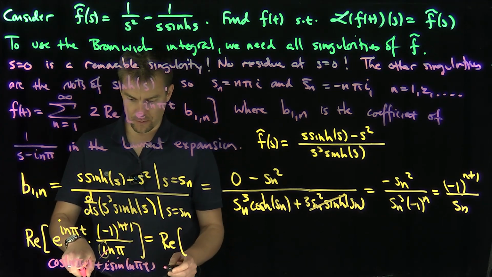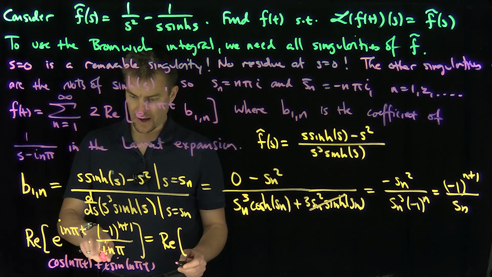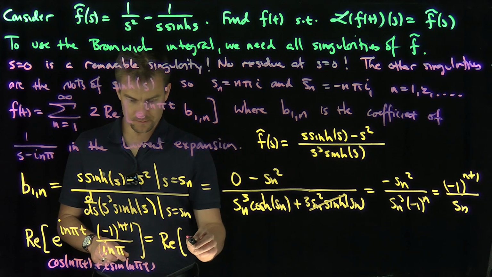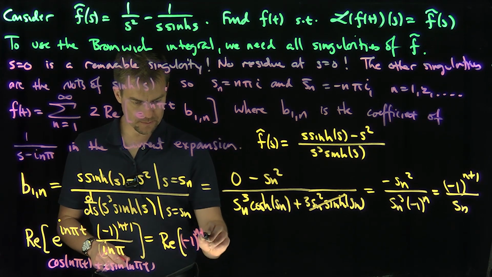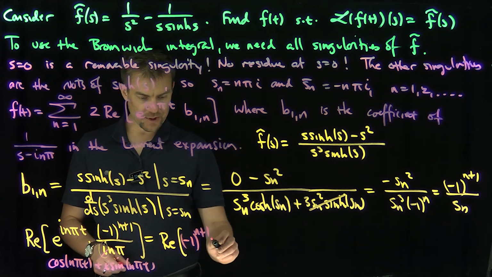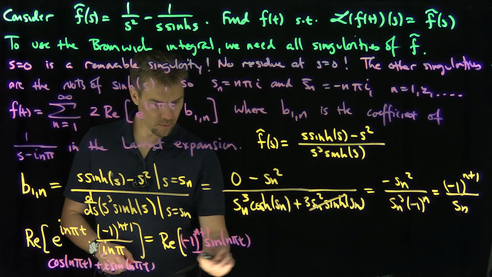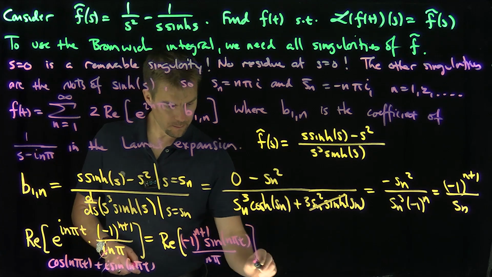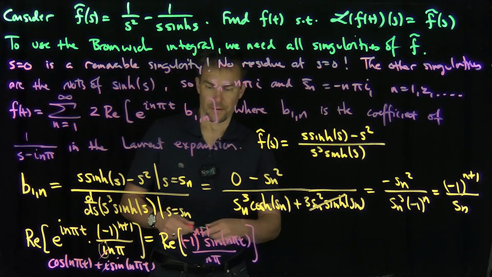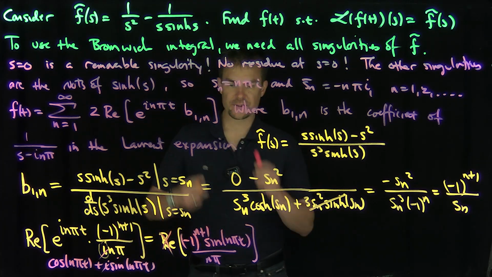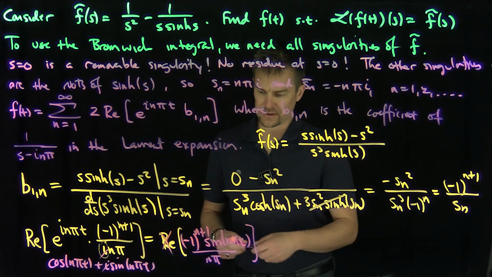Now, the I is going to hit the cosine, right? So I'm just going to have the real part of -1 to the n plus 1, and then just sine of n pi t over n pi. Beautiful. And so now, this is real, so that we can just cancel out the real part, and we just get that. Excellent. So now we have what we want, and then we have two of these things over here.